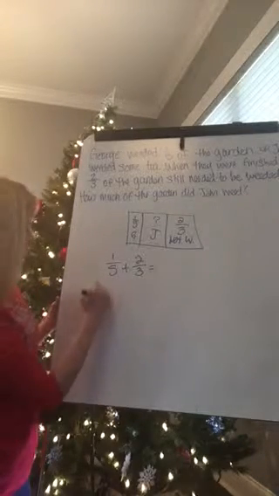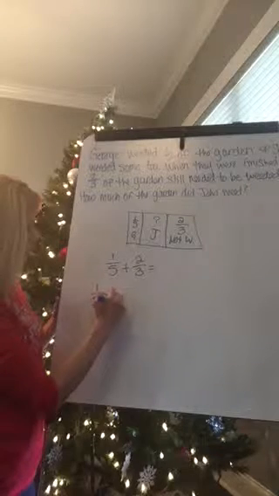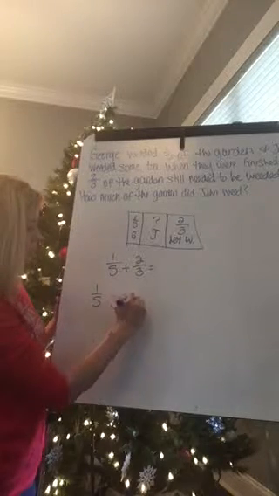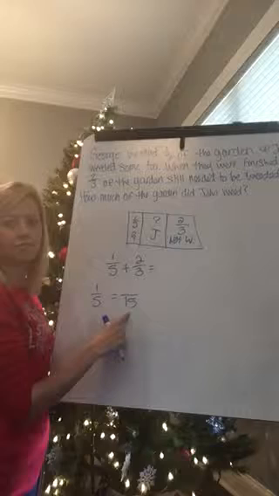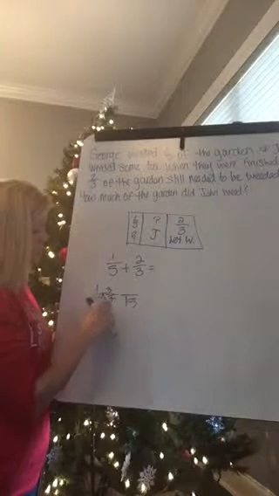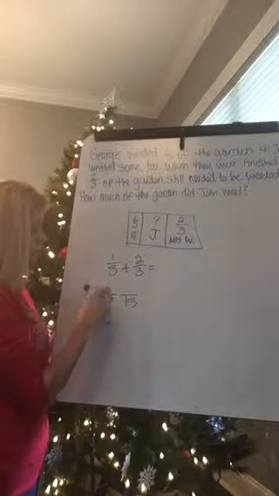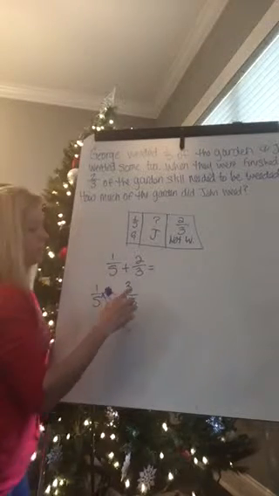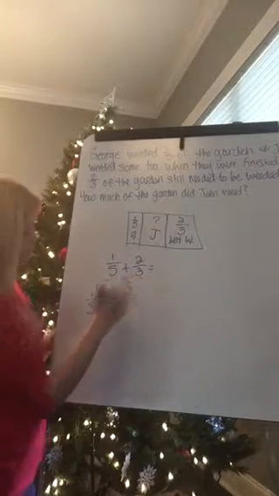So if we look at 1/5, to get to equal a denominator of 15, to that 5 we have to say times 3/3, because 5 times 3 is 15, so 1 times 3 is 3. And now we have to do the same thing with 2/3.